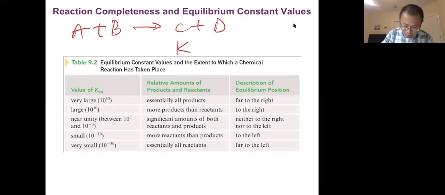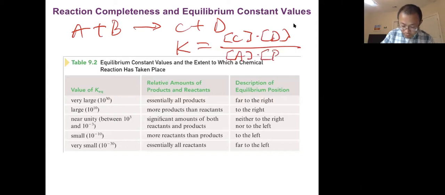So K equals what? The concentration of C times D, divided by the concentration of A times B. Again, I am assuming the coefficients are all 1, so we simplify our math.